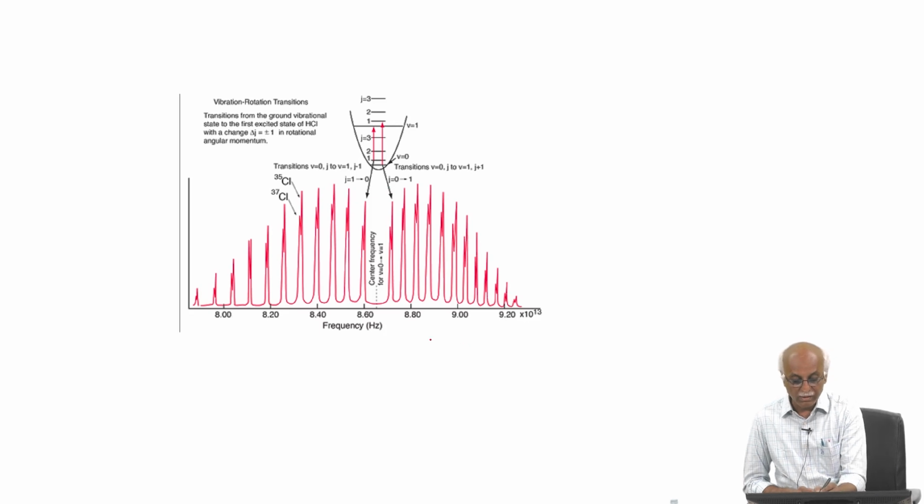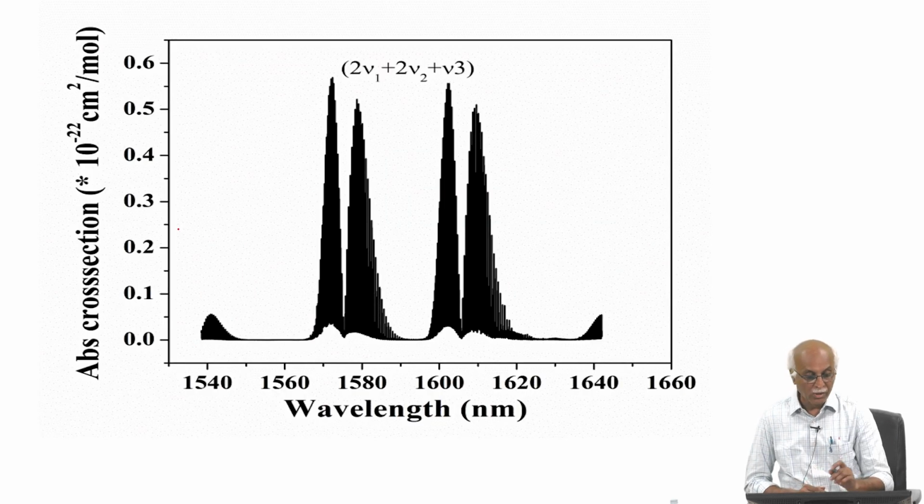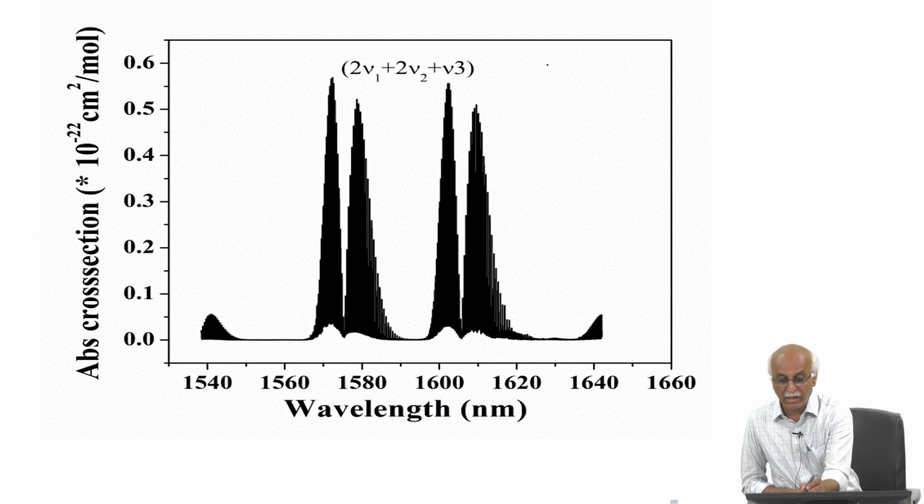The x axis can be frequency, wavelength, or wave number in centimeter inverse, while the y axis represents the transition strength, which can be the absorption cross section value. This one is about CO2.